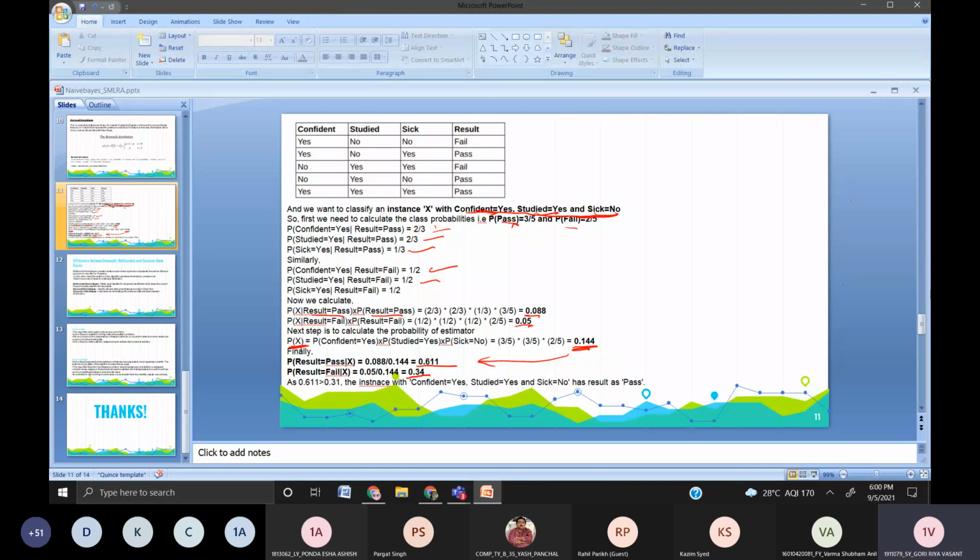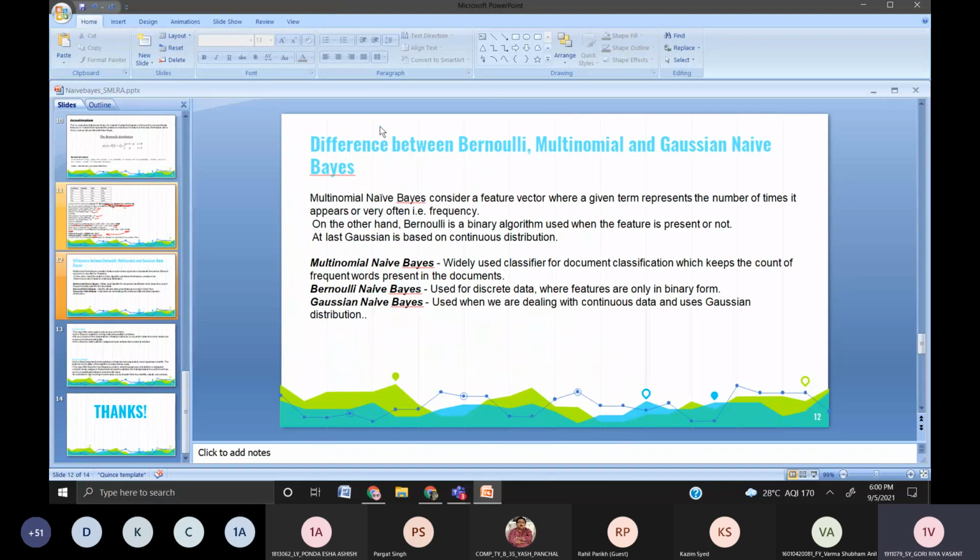Next, we move on to the basic difference between Bernoulli, multinomial, and Gaussian naive Bayes. So multinomial considers a feature vector where the given terms are present a certain number of times. As we discussed, it uses the frequency of words. On the other hand, Bernoulli is a binary algorithm, which calculates only if the feature is present or not.